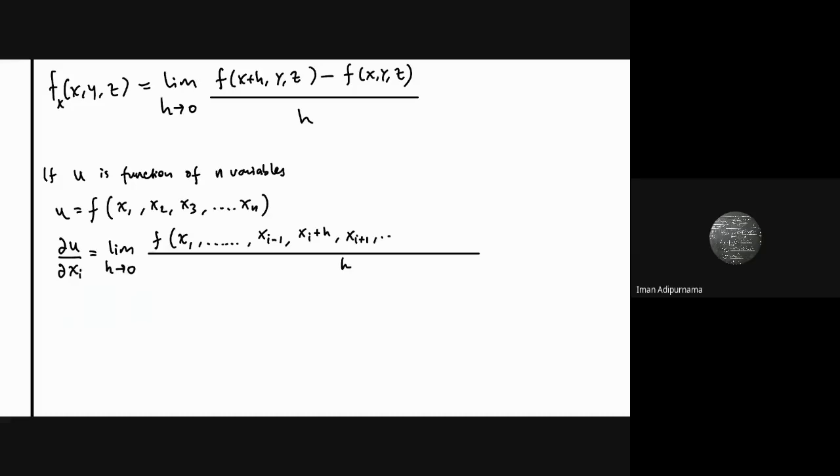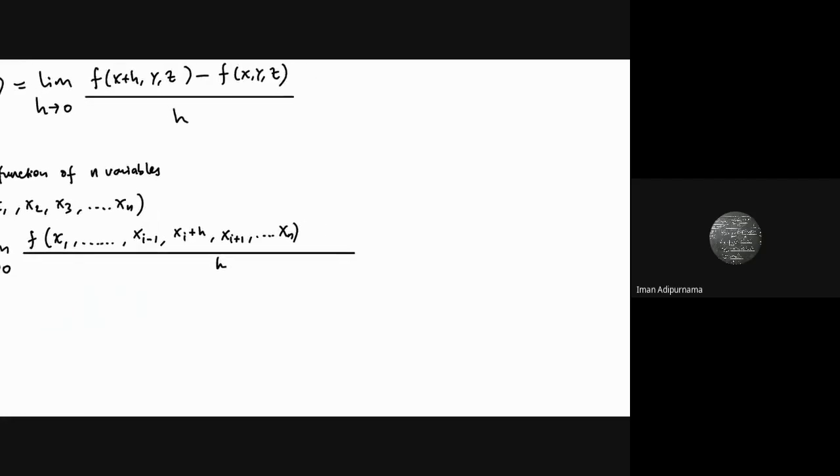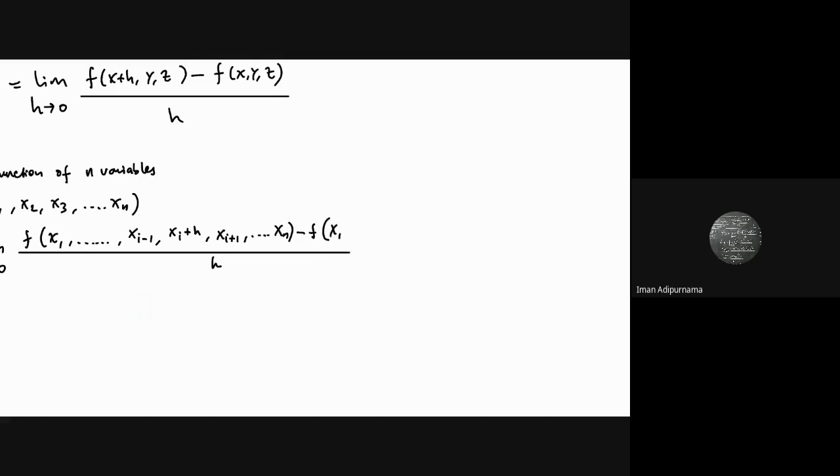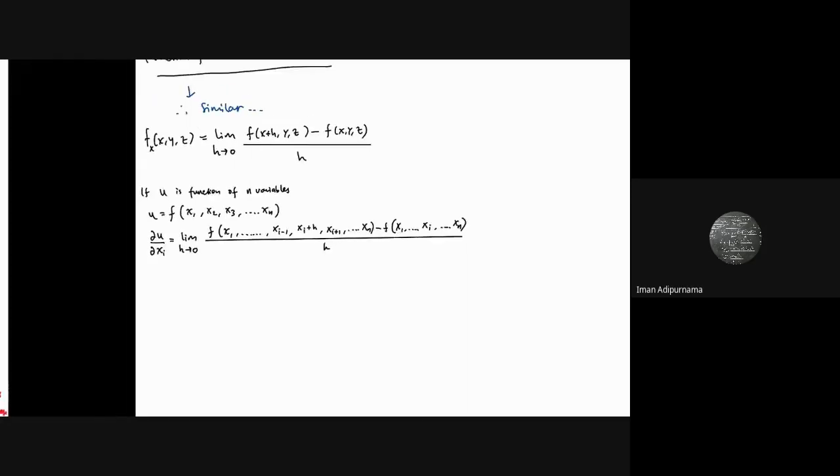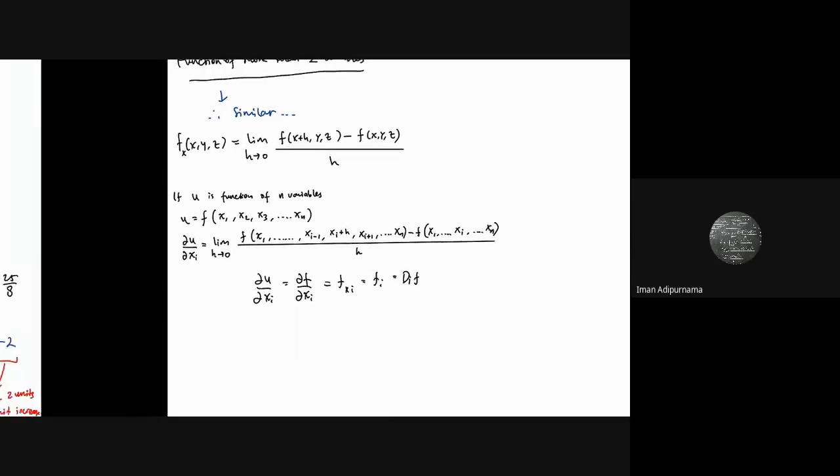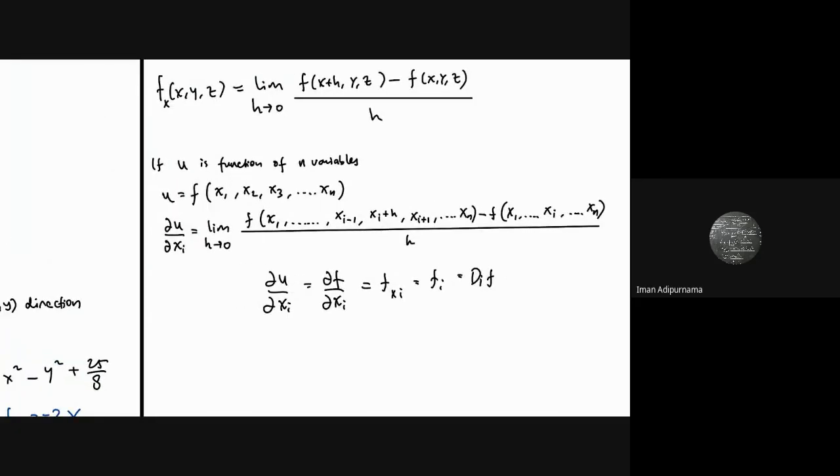And xn, and then minus f of x1 to xn. And we can also write this in terms of other symbols. This is just to show you that we can have as many variables as we want.